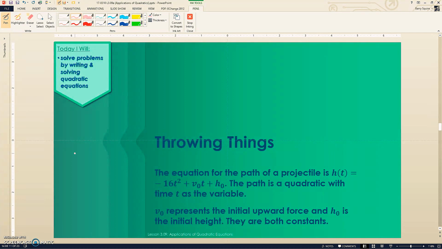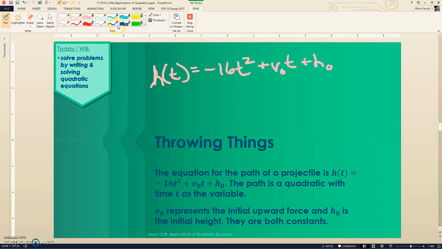So there is a general equation for it. It basically says h of t, and I'll explain that later, equals negative 16t squared plus v sub 0 t plus h sub 0.